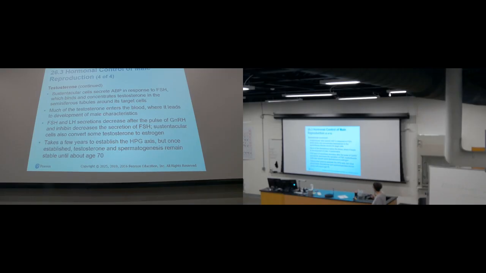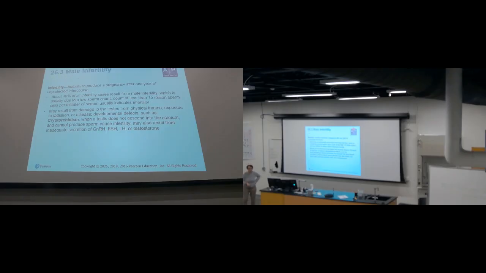The excess testosterone will enter the blood, and that will lead to the development and maintenance of the male secondary sex characteristics, which include greater mass density in the bones and muscles, distribution of hair in particular areas, and increased libido, etc. It takes a few years to establish this hypothalamic pituitary gonadal axis, but once it's established, it will remain more or less stable until the age of 70. Any questions?